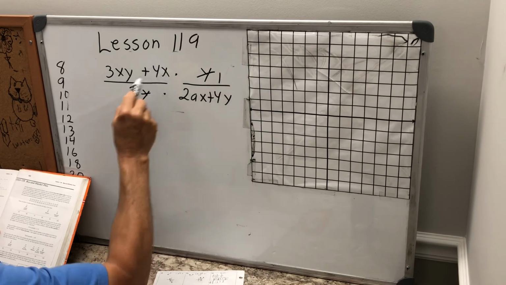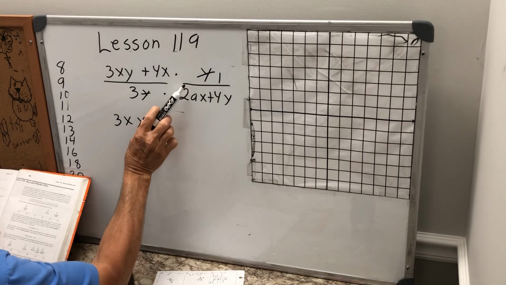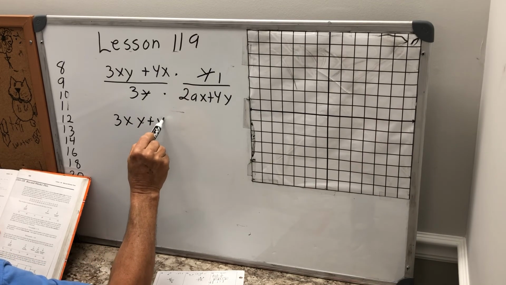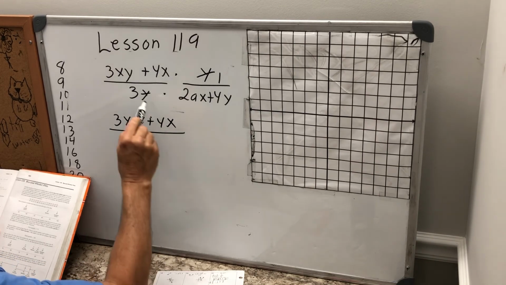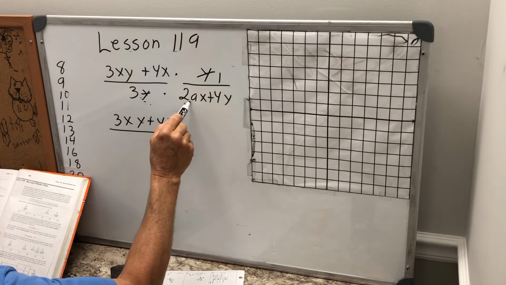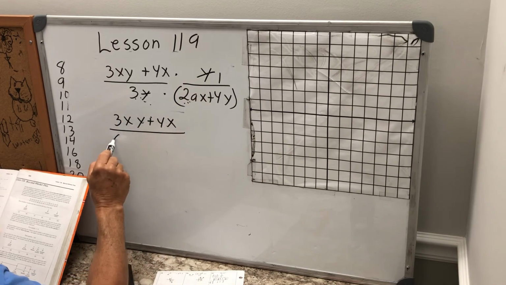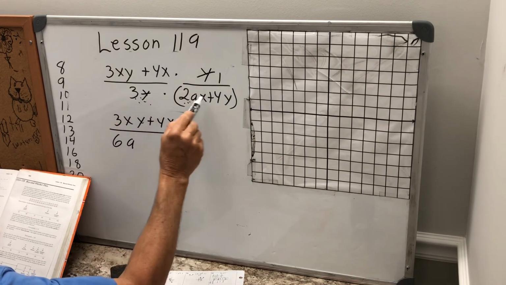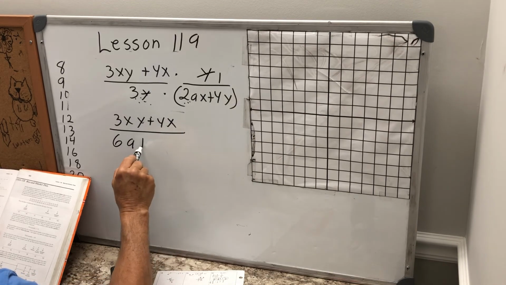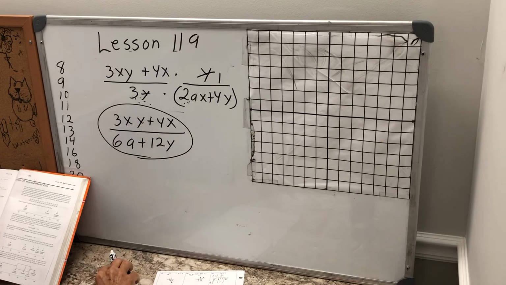So this times this is simply 3xy plus 4x. This times this, distributive property, 3 times 2a, I'll just do it this way so it's simple for you. 3 times 2a is a 6a. 3 times 4y is a positive 12y. That is number 29.